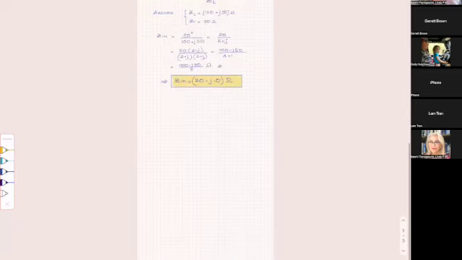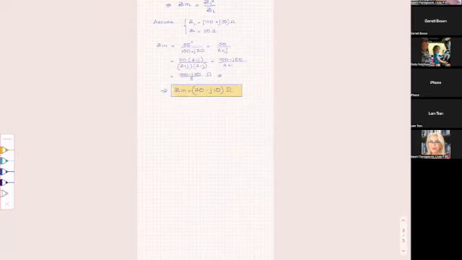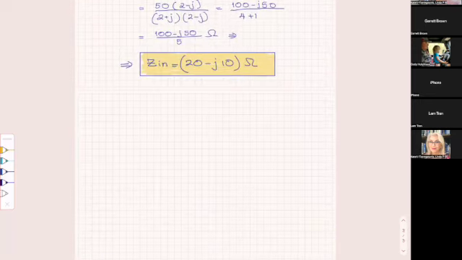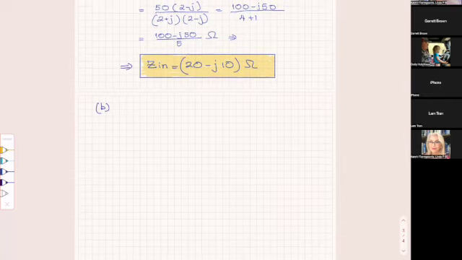B is an ideal transmission line, a shunt stub, a transmission line.